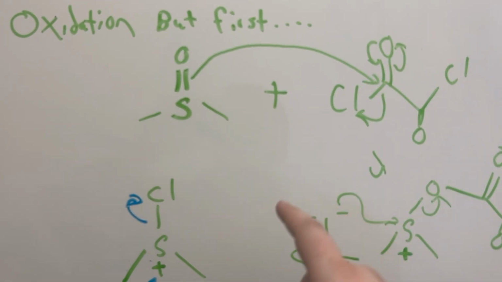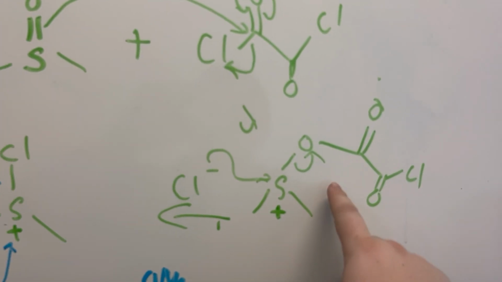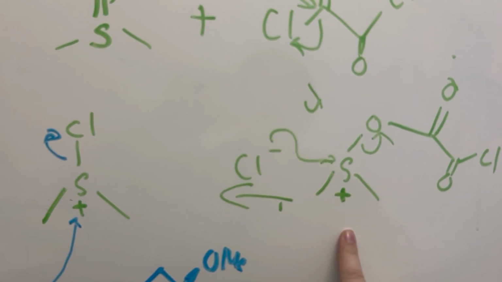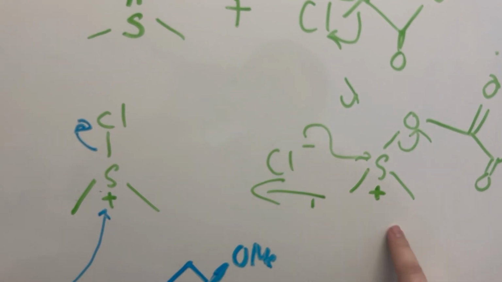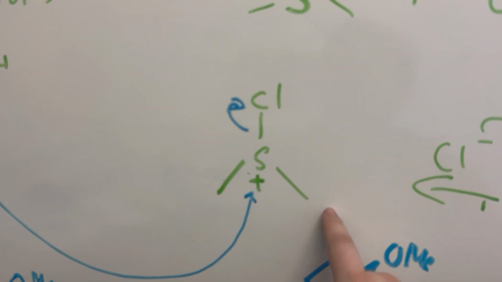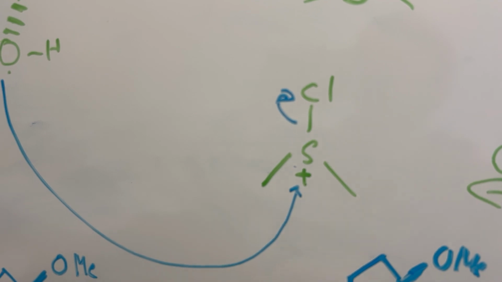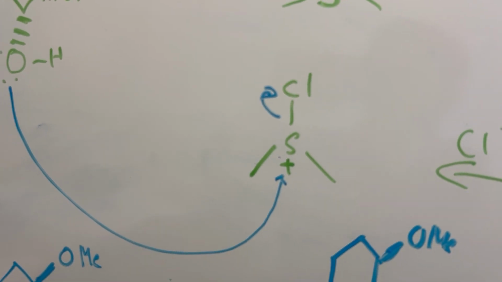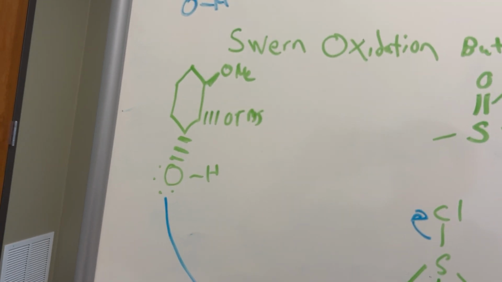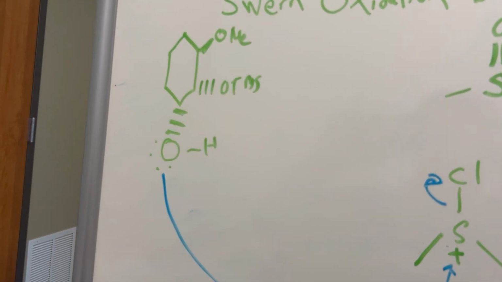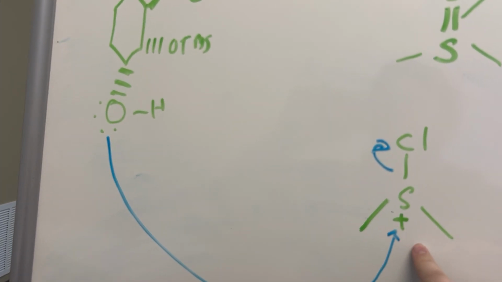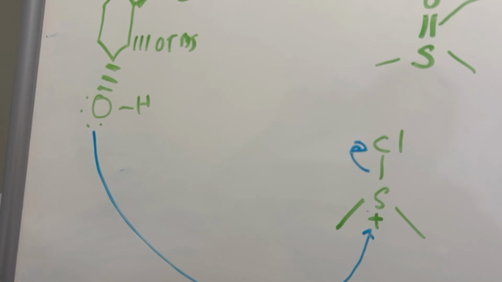And from that, we'll have this complex where this oxygen is connected to sulfur, and sulfur only likes 3 things because it's in the same group as oxygen and has a plus, so the Cl- reacts with this to produce Cl with the 2 methyl groups with the positive charge, which then makes it a good leaving group, so that this original alcohol in our main synthesis component will attack this positive charge, knocking the Cl off.